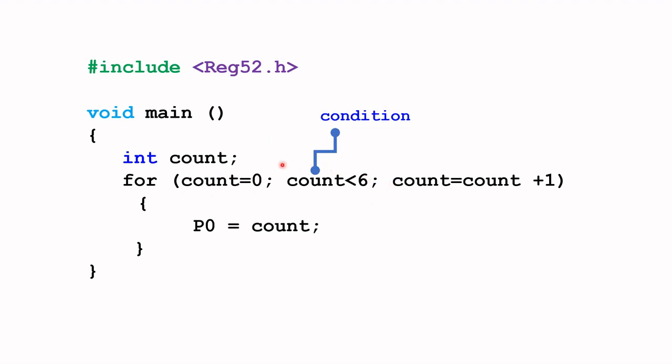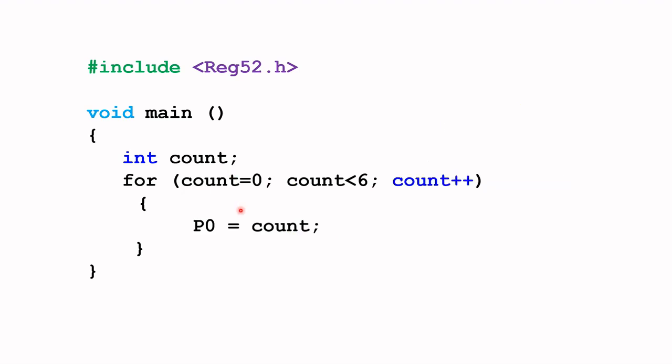Then the next thing is to set up the condition, and the condition in this case is if the count is less than 6, we will repeat this statement here. Having tested the condition, we then increment the count by 1. So it's count equals count plus 1. This will be this one here. So that would increase the count by 1.